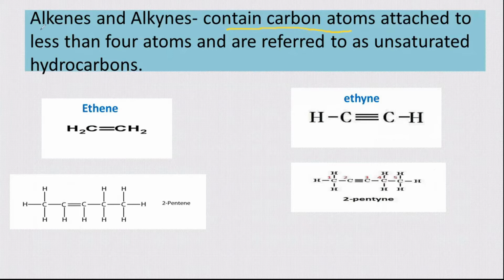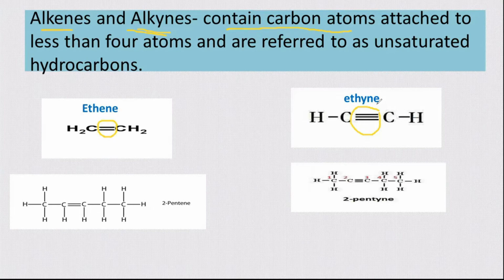The difference between alkenes and alkynes is that alkenes contain a double bond and alkynes contain a triple bond. An example is ethene, and for alkynes, ethyne.